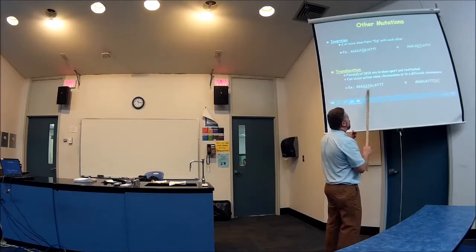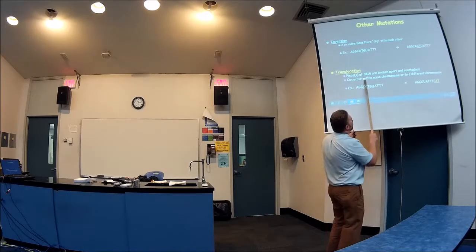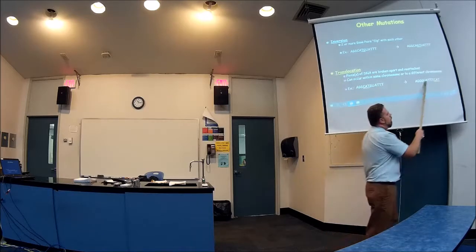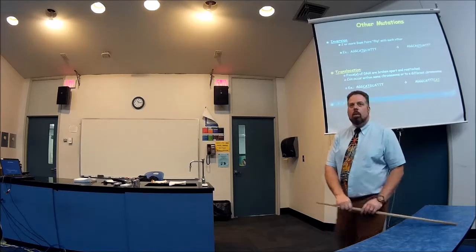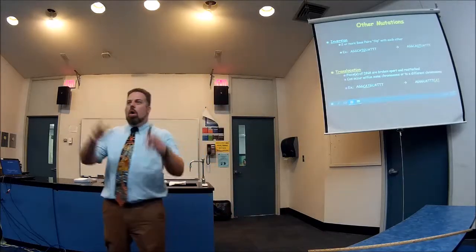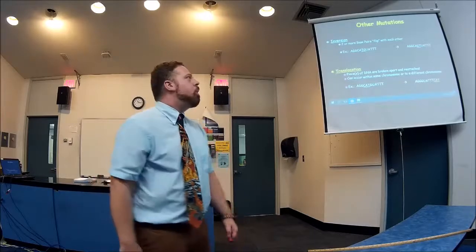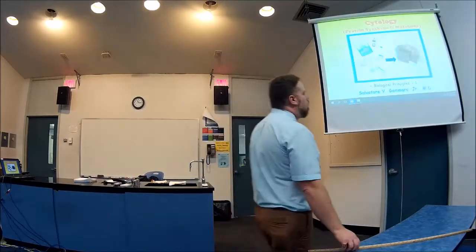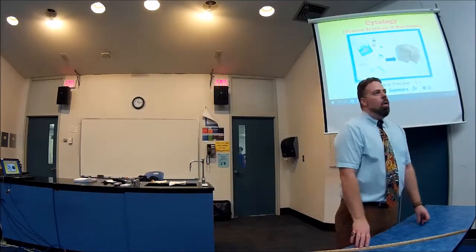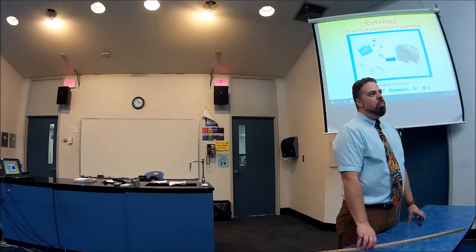I'm going to take, let's say, CAT and move it someplace later on in the DNA. Does that make sense? You don't want to do all these, but this is what happens. Okay? Questions on that?